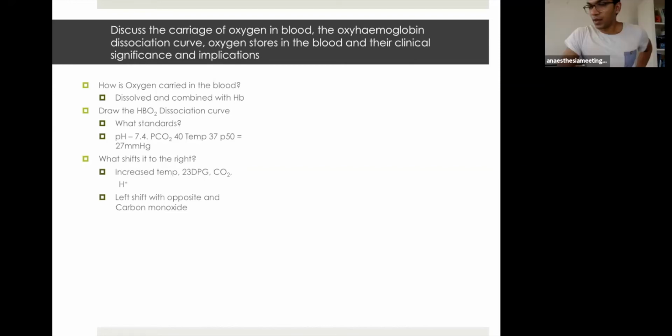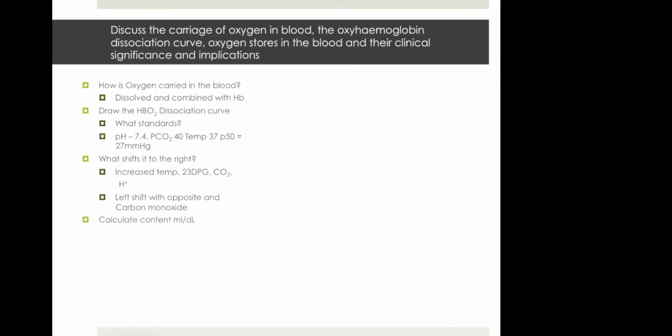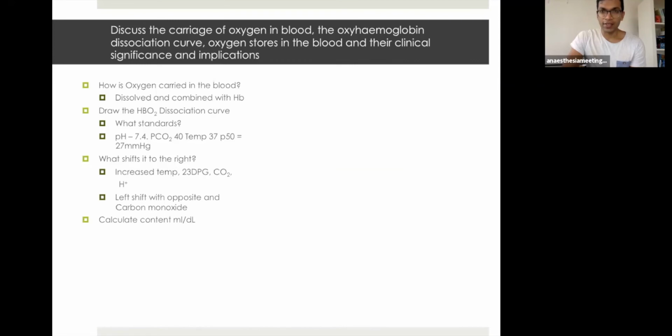Okay. Are you familiar with calculating content, Andrew? The content of oxygen. Is this using the oxygen flux equation? Is that what you're talking about? Yeah, oxygen flux equation. The flux adds something to the content, so I wouldn't call this the oxygen content equation. The oxygen content is different to the oxygen flux equation. Oh, sorry.